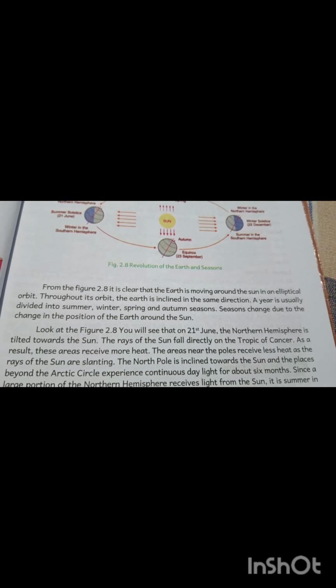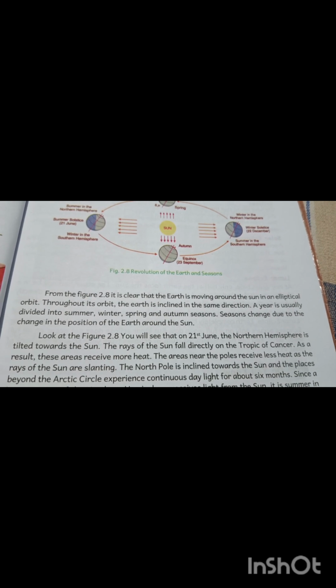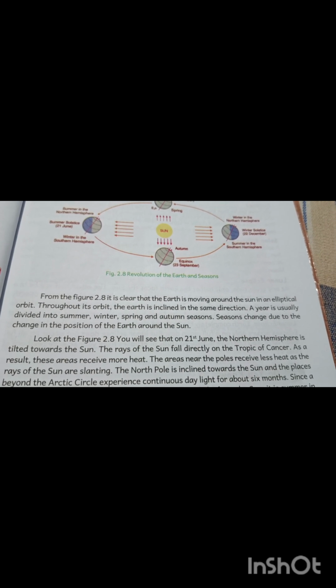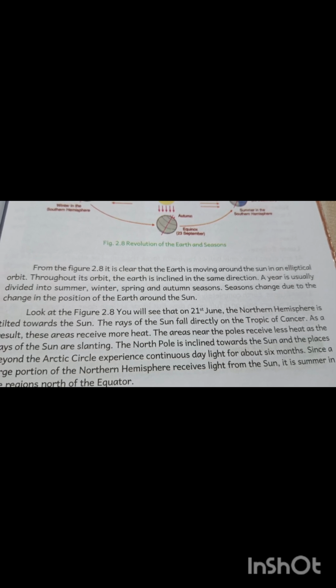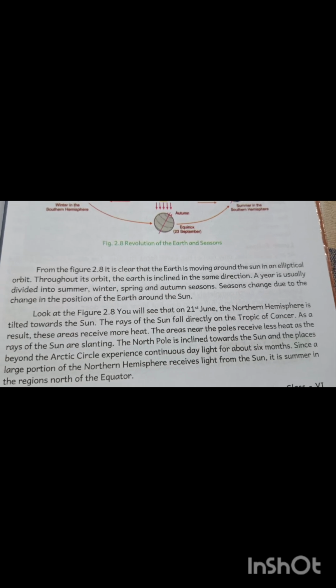You will see that on 21st June, the northern hemisphere is tilted towards the sun. The rays of the sun fall directly on the Tropic of Cancer. As a result, these areas receive more heat.